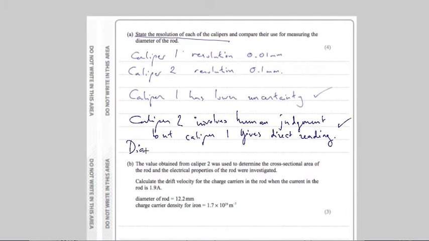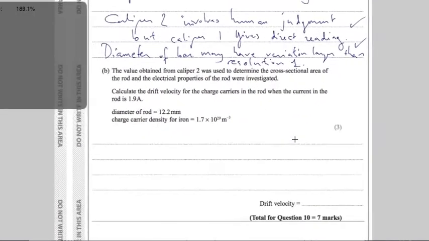So another valid point: diameter of bar may have variation larger than resolution of caliper 1. So these are all things that you can say, and that's more than enough to get the 4 marks. Let's look at part 2.